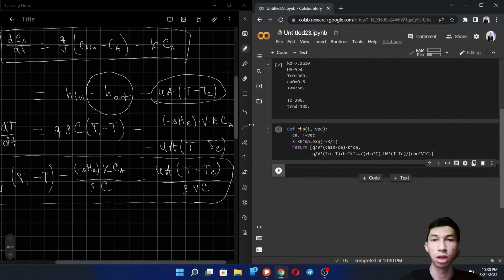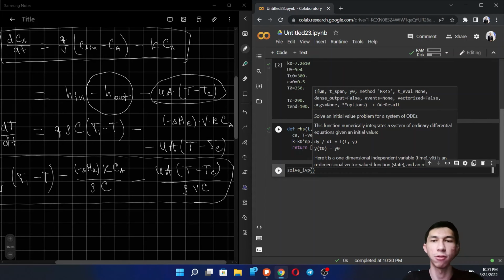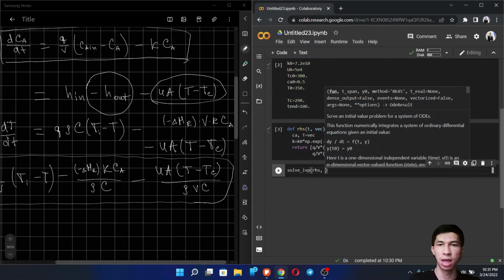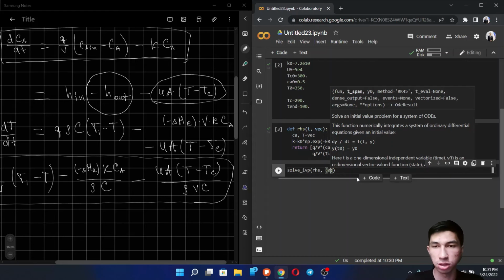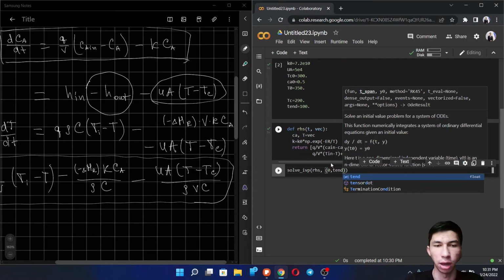Let's just run it. Now we can use solve IVP to solve our two differential equations. Every time we use solve IVP, the first thing we need to do is to provide the function, so we have our right-hand side function. Then we have to provide the time interval, which is going to start from 0 and go until the t end, which we defined earlier.